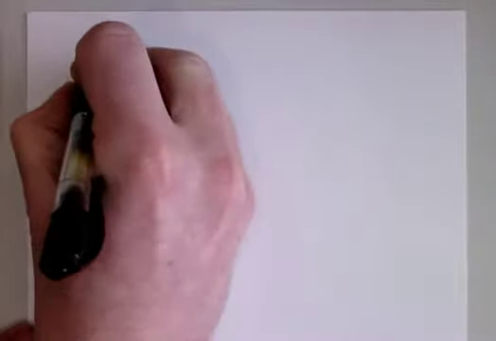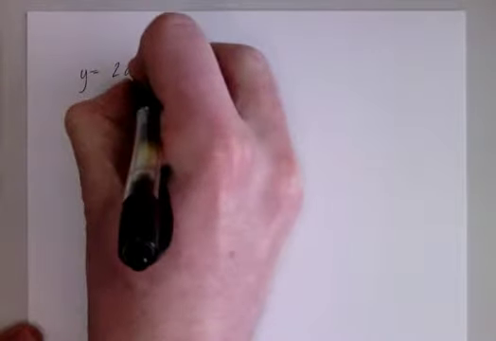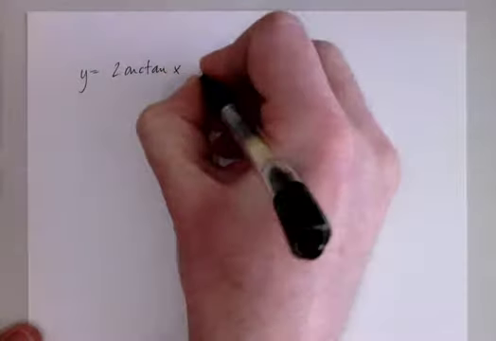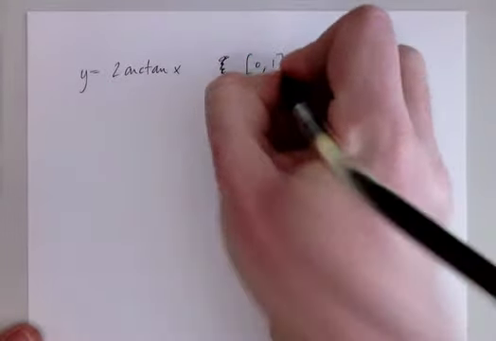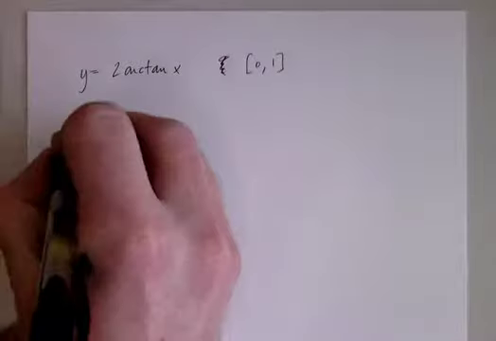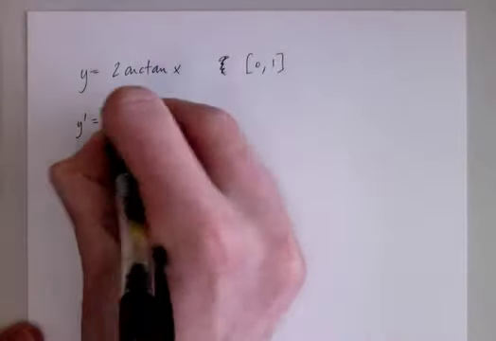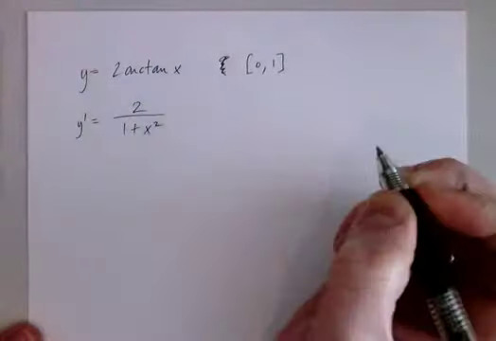Let's do y is equal to 2 arctan x. And let's do it from, closed interval, 0 to 1. Well, I happen to know that y prime is going to be 2 over 1 plus x squared.